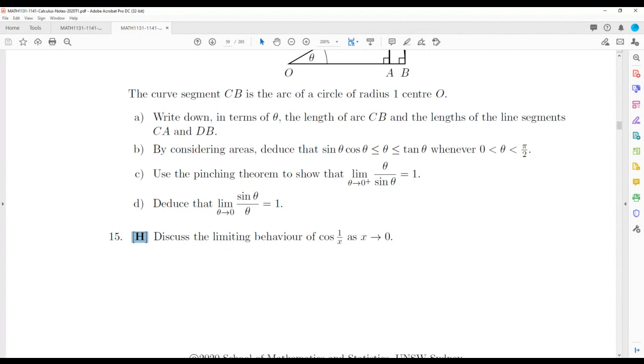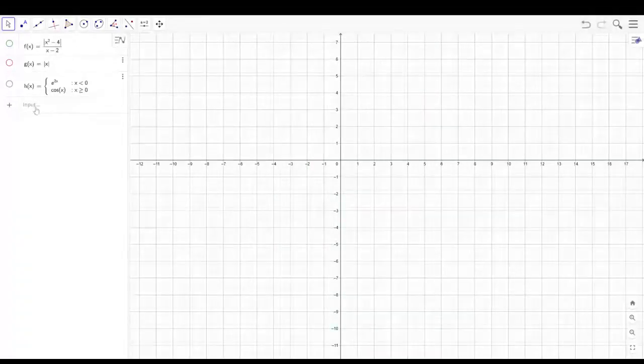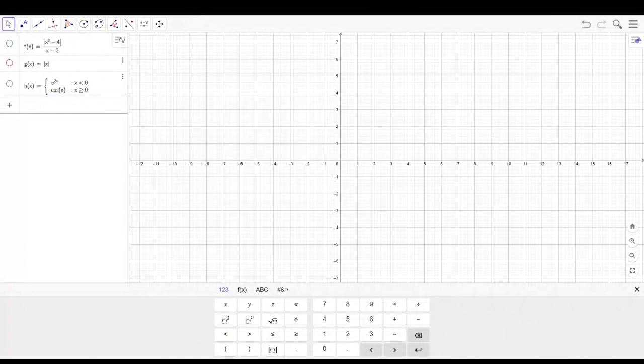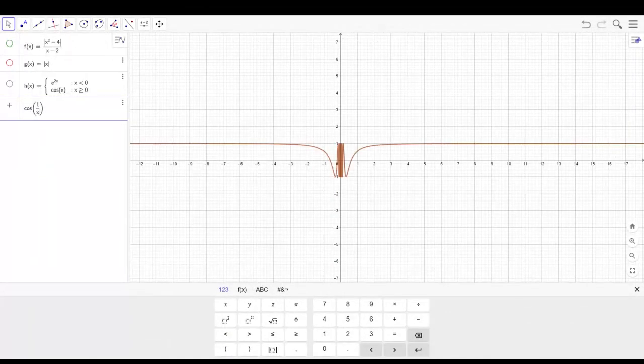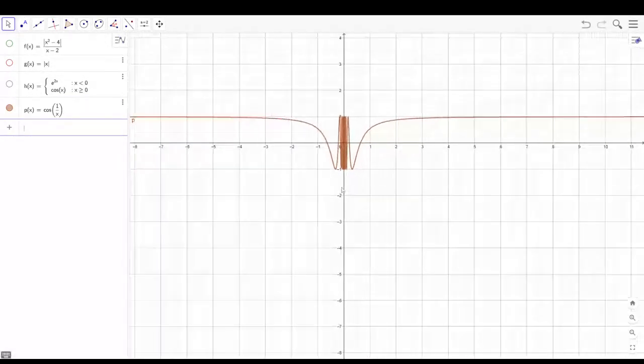Okay. So let me go back to GeoGebra, and we can do a little bit of graphing. Okay, so let me just put this in. Cosine 1 on x. Okay, wow, look at that. Okay, so you can see what's happening.